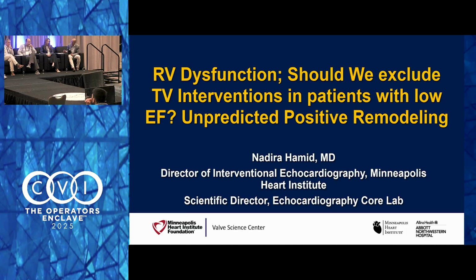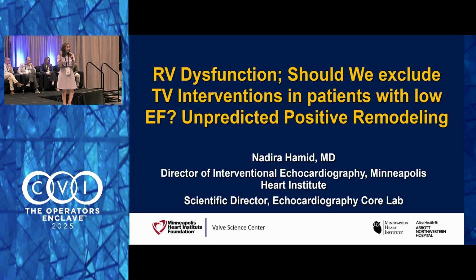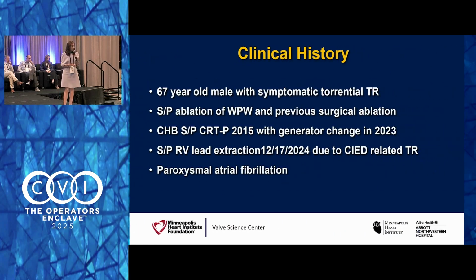Right, so I've been asked to present a case. I just put it together on behalf of Akhil, sorry he couldn't be here. I thought talking about something the panelists have mentioned just now, like Lucy saying something about RV dysfunction in TTVR, in tricuspid intervention. When should we really think about this?